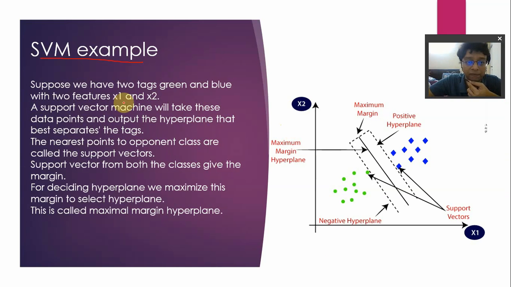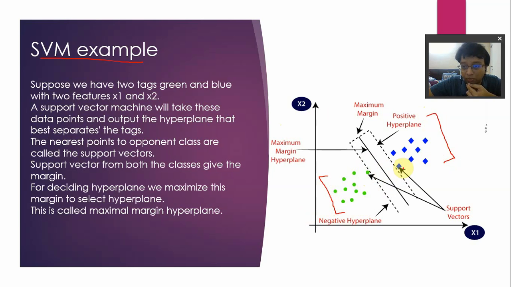What we do is we take the features and plot a graph of the tags. Now, the tags which are the closest to their opponent are the support vectors. So, for this group of green tags, this green tag is the support vector. Similarly, for this group of blue tags, this blue tag is the support vector.